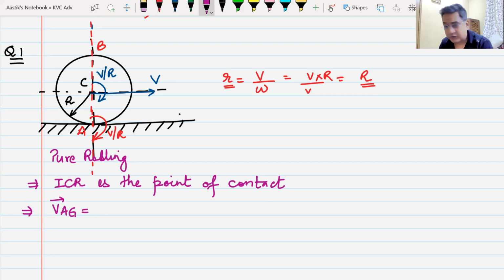You know it. You have to tell me the value. Everything is given to you. No one knows how to find out the velocity of point A? 1 minute.